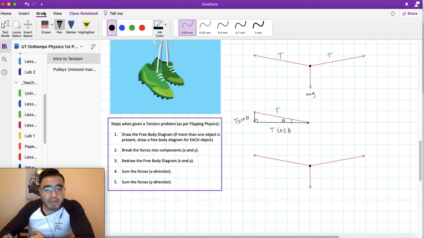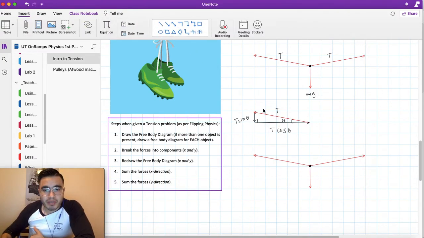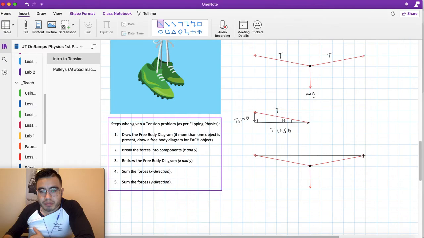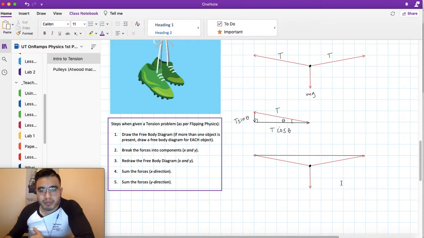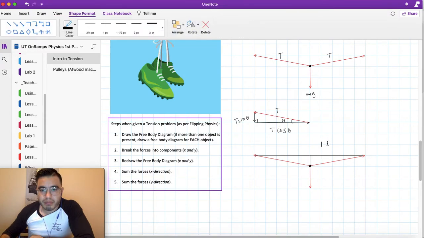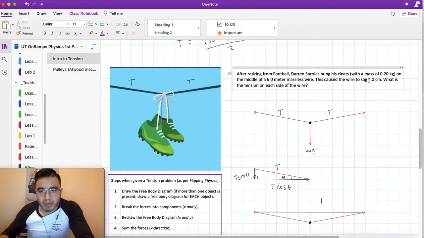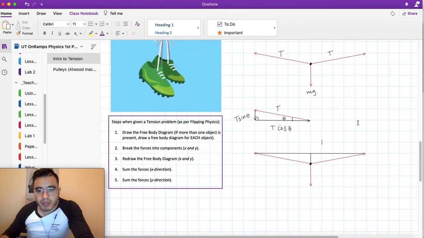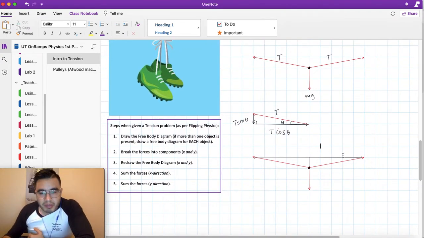Now, before the cleats were there, the cable should have been just horizontal, like that. And we know this distance over here is 4 centimeters, as per the problem. As you can see, this is symmetrical, so I'm only going to worry about this side.